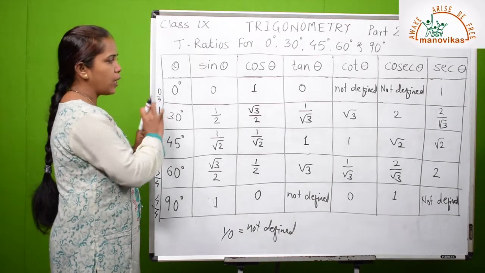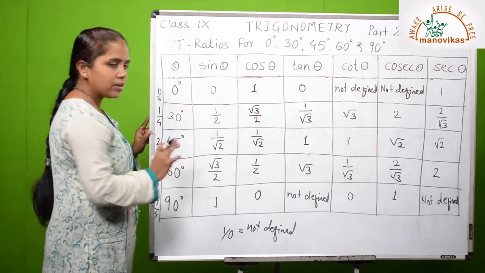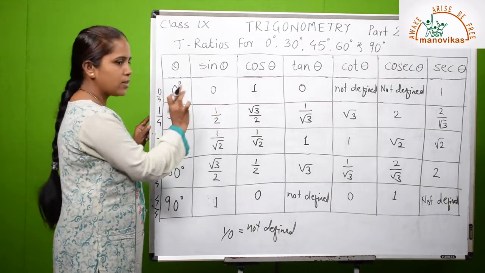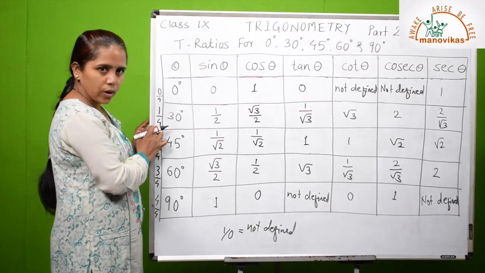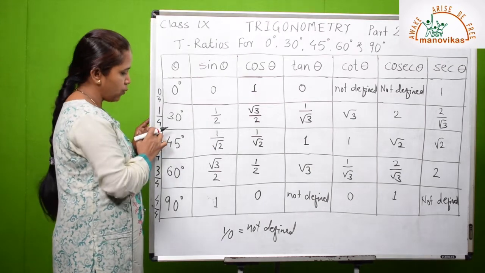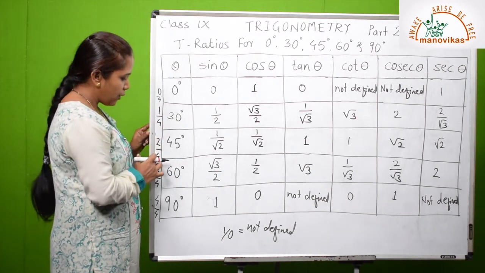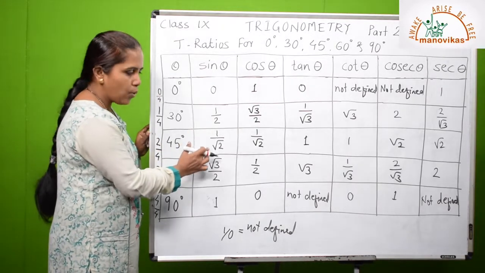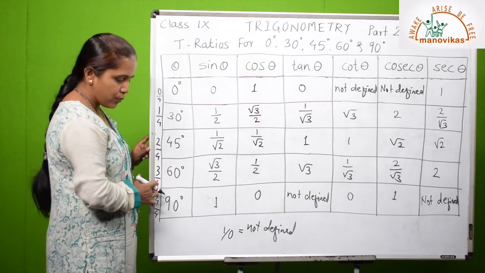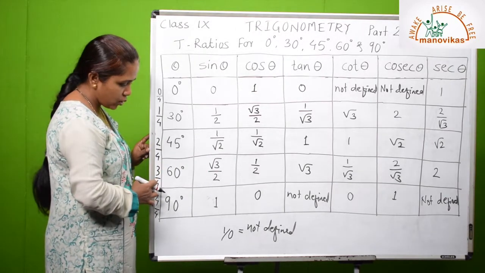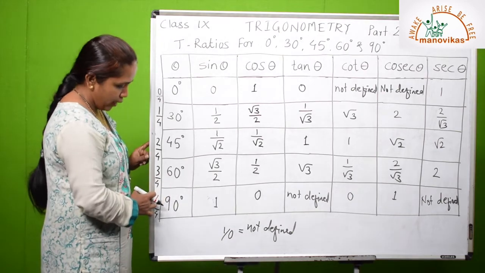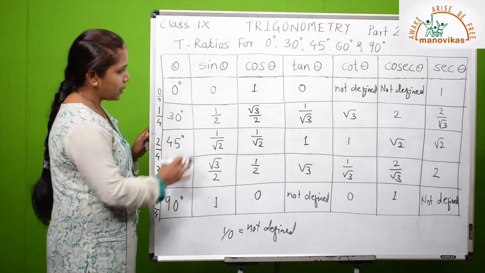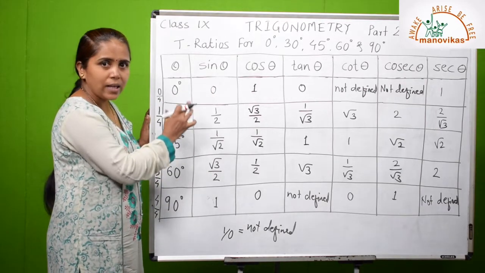Now take the square root of this, you will get the sin theta values. 0 upon 4 is 0, square root of 0 is 0. 1 upon 4 square root will be 1 upon 2 because square root of 4 is 2. 2 by 4 is nothing but 1 by 2. 1 by 2 square root will be 1 upon root 2. 3 by 4 square root is root 3 by 2, as square root of 4 is 2. And 4 by 4 is 1, square root of 1 is 1. So using this method you can remember the sin theta values.